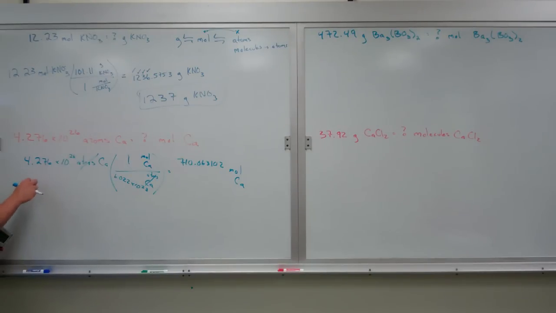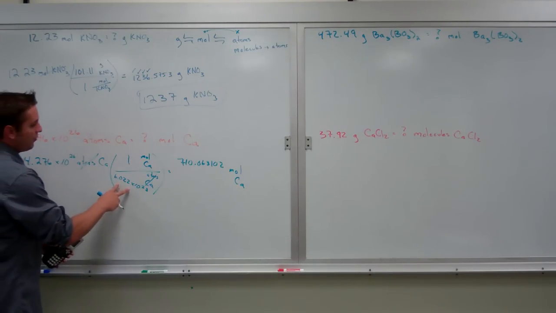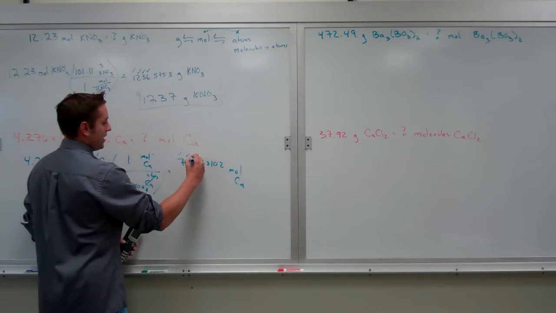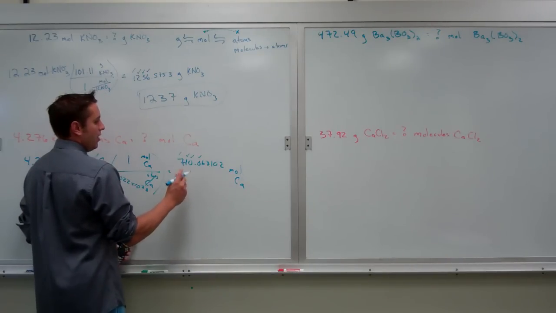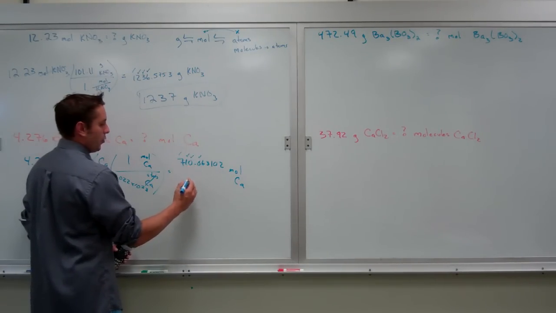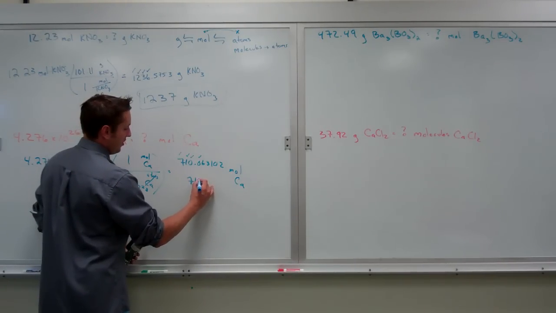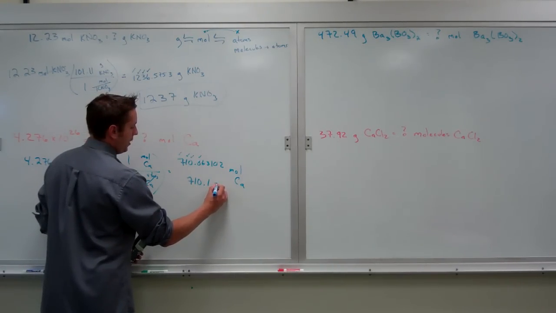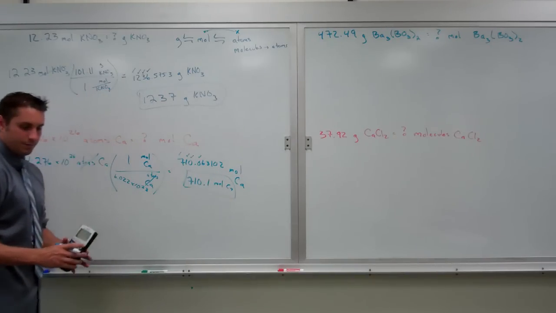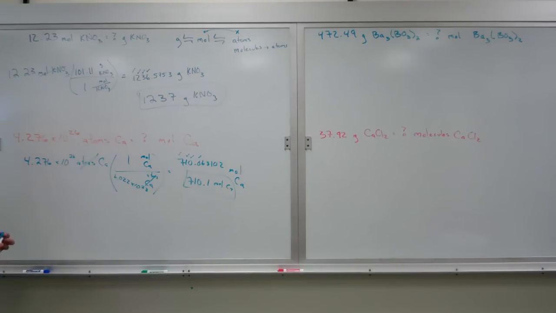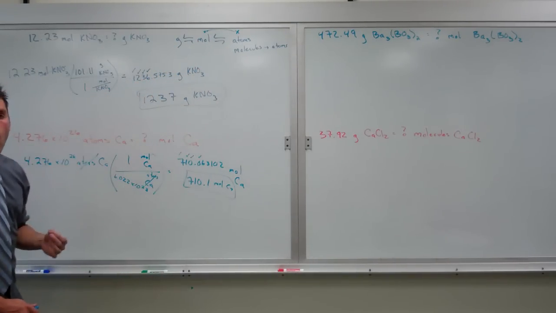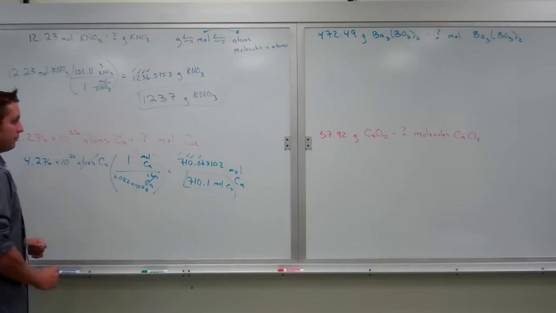Sig figs to finish out the problem. 4 here, 4 here means I get 4. 7 yes, 1 yes, 0 yes, 0 yes. Right, so there are my 4. The first number after the 0 is a 6, which means it will round up. So that means we have 710.1 moles of calcium. So anytime you're trying to go from moles to atoms or moles to molecules, you always use Avogadro's number.